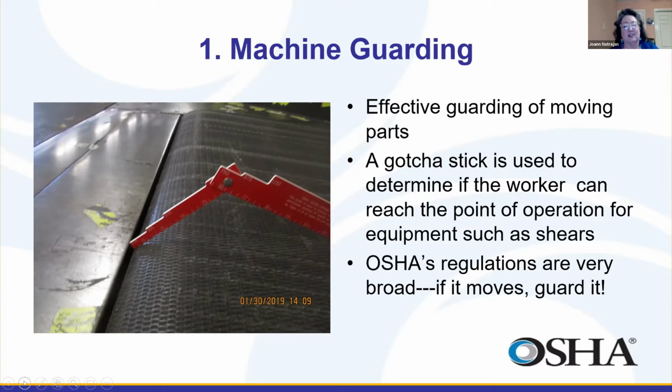But in this case, they're using it on a conveyor to see, well, is there an issue where someone could get their finger in this opening on this conveyor? And of course, this was after a workplace incident where someone had actually done that. They had gotten a finger in there and had become injured. Okay. So this is just another way of looking at machine guarding and another tool that could be used.